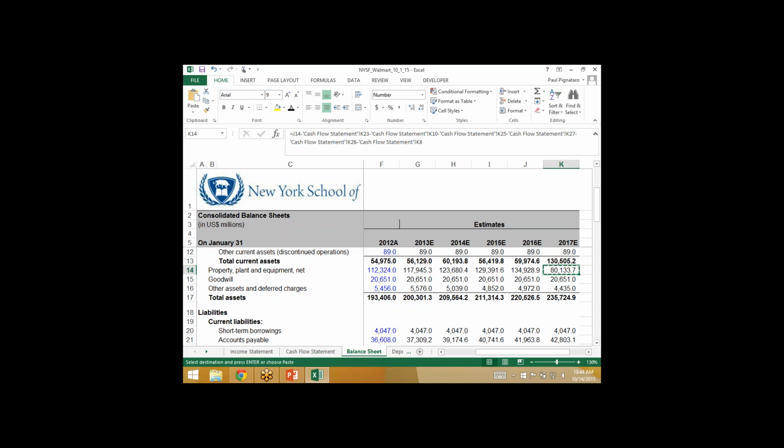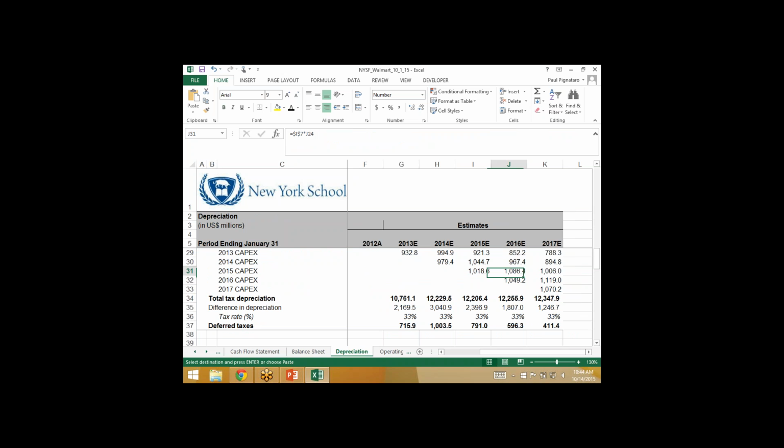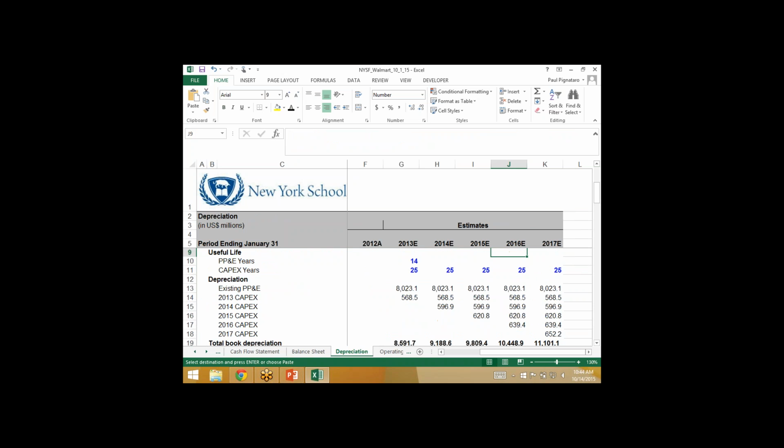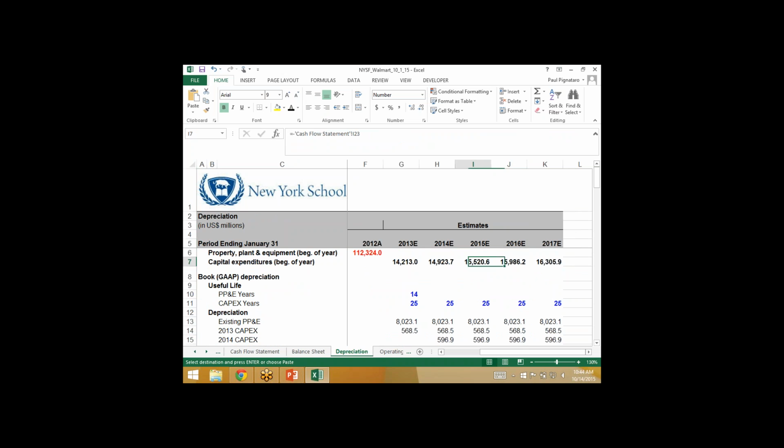In a divestiture, it's a little bit more. We got $40 billion of core PP&E that's going away. And if you go to the depreciation schedule, there's really no straight formula for impacting this. It's a portion of this that we've sold, the core PP&E, which is a portion of this existing PP&E.